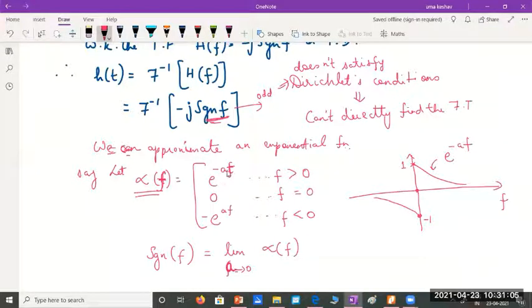You see here, when a becomes 0, I'll get e power 0, which will be plus 1. Correct? See what happens to this function. When a becomes 0, this becomes plus e power 0, whose value becomes plus 1. And in the middle, it is at 0. And for the last one, this becomes minus e power 0, which becomes minus 1.